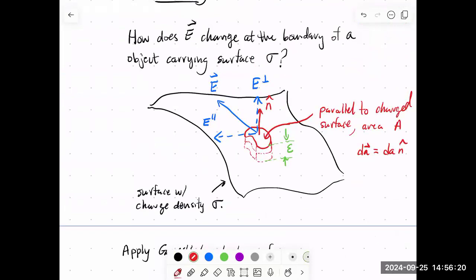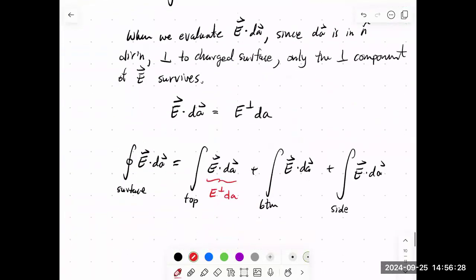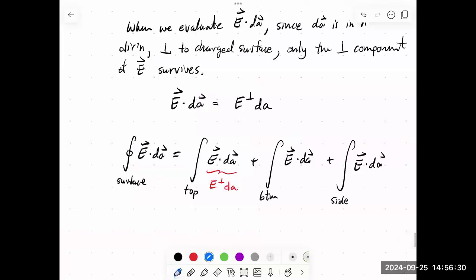This one's kind of pointing up. The bottom surface would have an n hat pointing down, so the dot product would bring in a negative sign. So what you're going to get from the bottom surface is minus E perpendicular dA. So we'll specify that this is at the bottom and this is at the top.